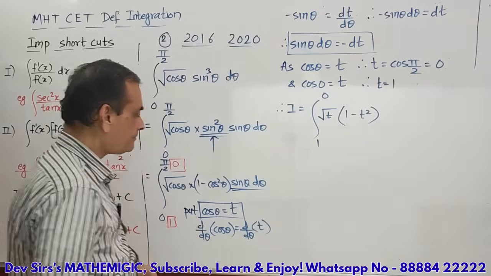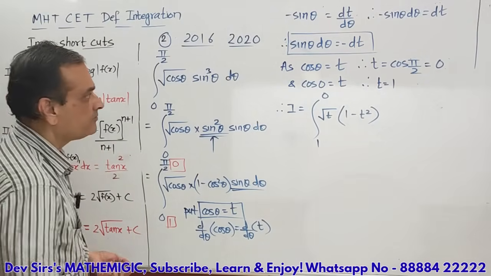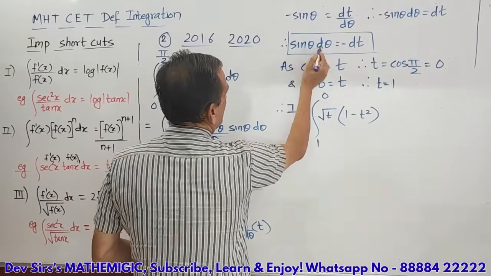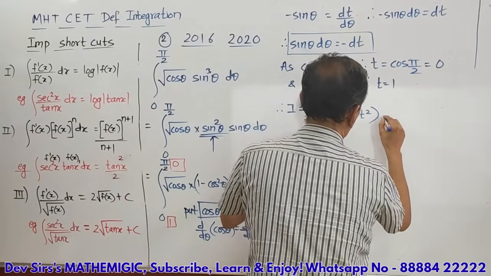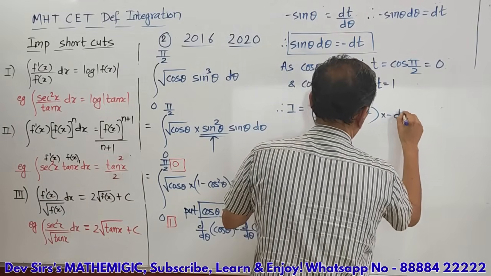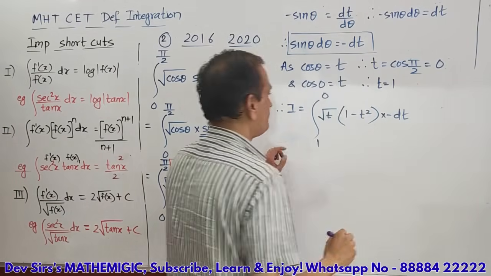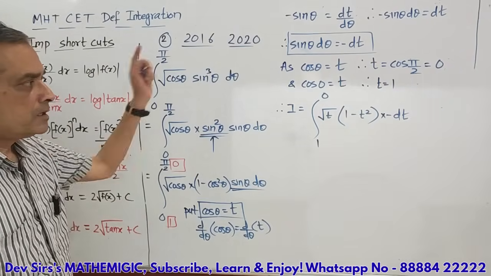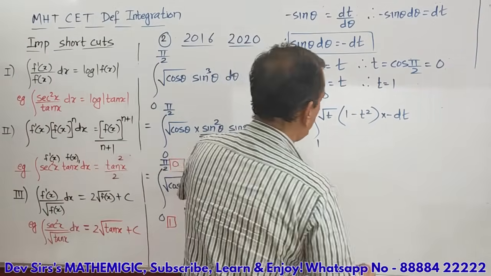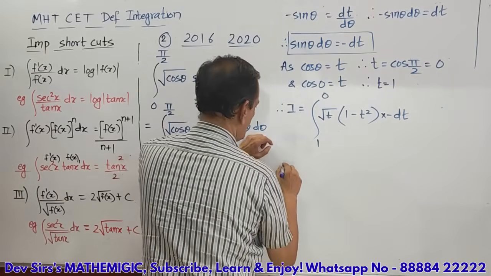Sin theta d theta, how much is it? We already have got it somewhere. Sin theta d theta is minus dt. Take the minus sign outside the integral. Take it outside here.